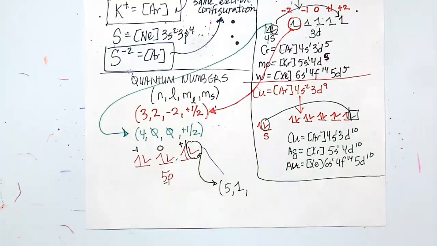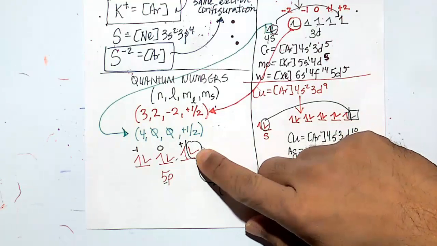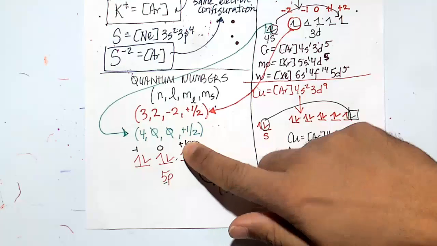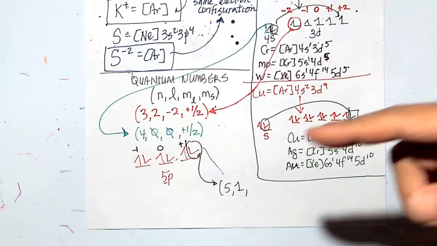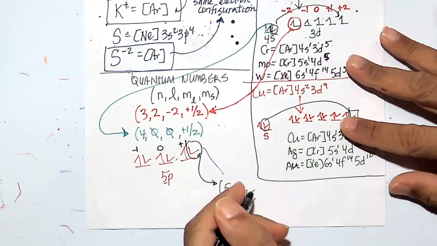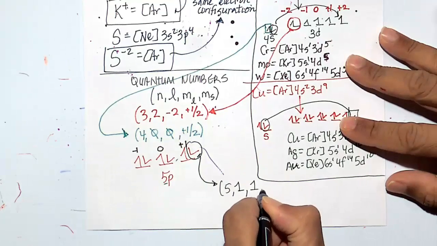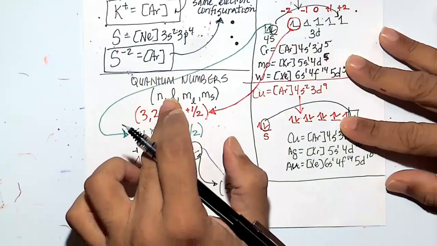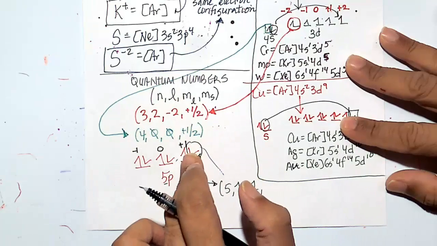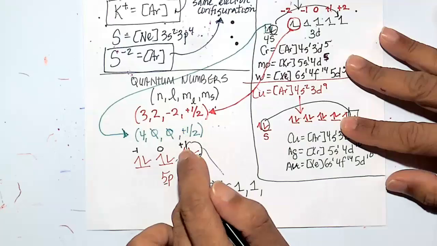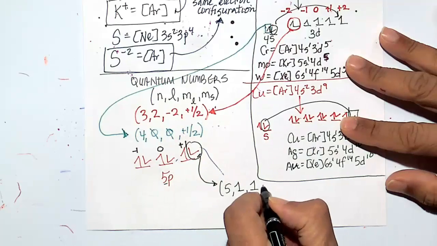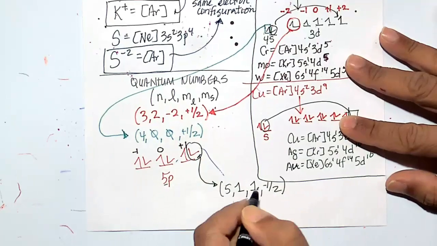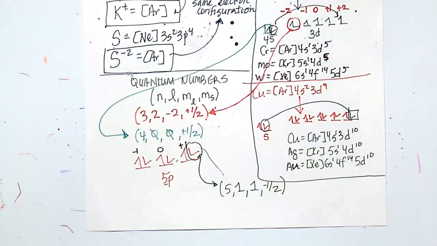This electron is in the +1 subshell. So 5, 1, because it's a p orbital, +1 here, and is it +1/2 or -1/2? It's -1/2, spin down.